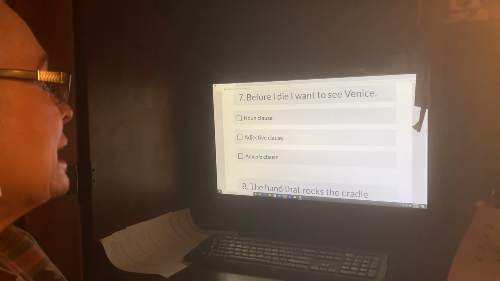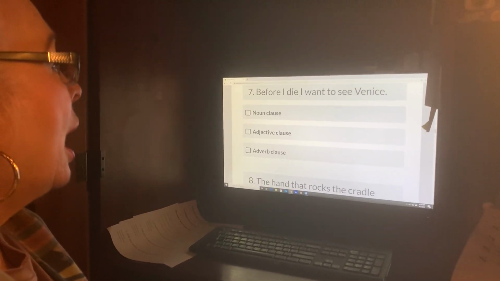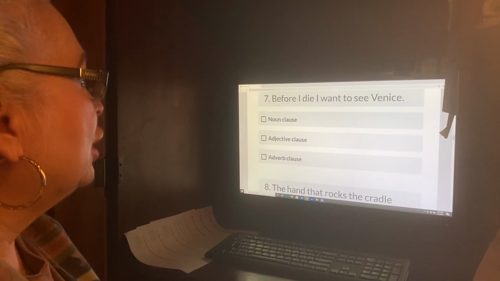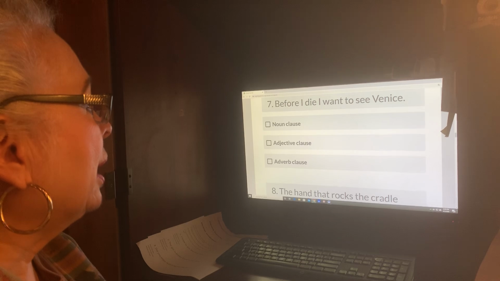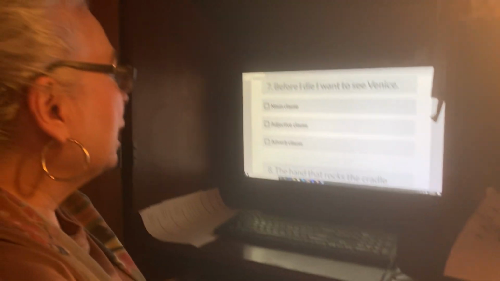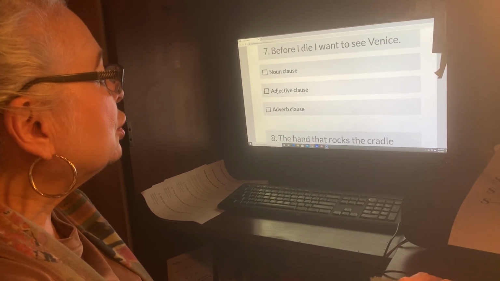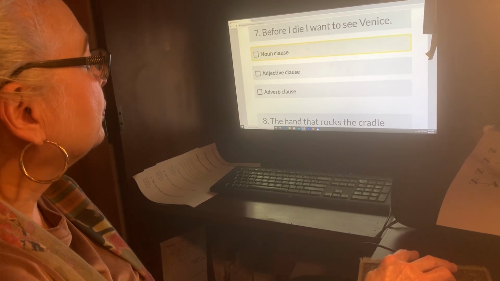Number 7, before I die, that should have a comma right here. Yes, because it's an introductory adverbial clause. Before I die, I want to see Venice. Here's your dependent. Here's your independent. Complex sentence. Before I die, I want what? To see Venice.